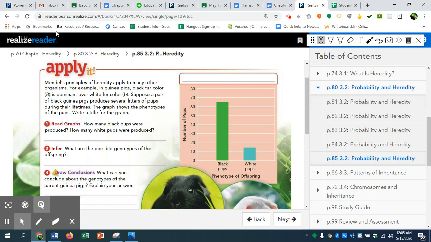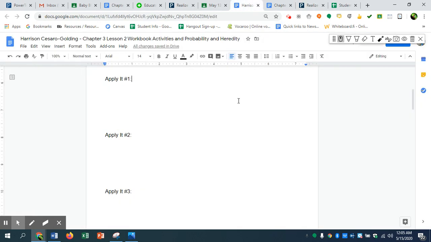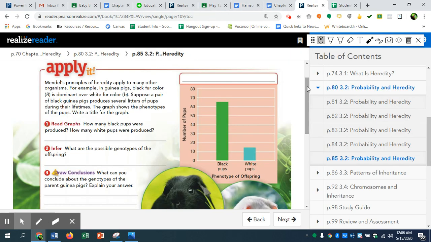You can make up a title as long as it's something like that. Always have to have a title for your data table or chart.